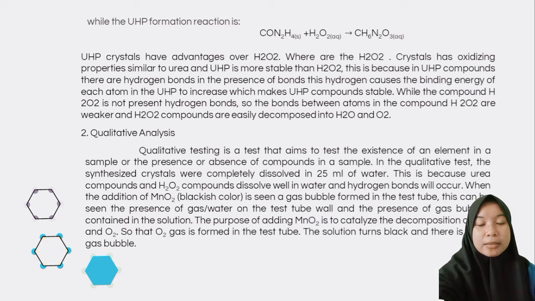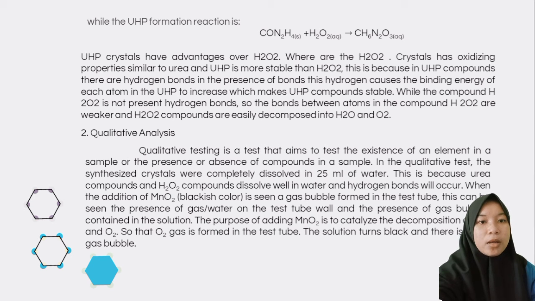And next, urea hydrogen peroxide crystals have advantages over hydrogen peroxide. Urea hydrogen peroxide has oxidizing properties similar to hydrogen peroxide, and urea hydrogen peroxide is more stable than hydrogen peroxide. This is because in urea hydrogen peroxide compounds there are hydrogen bonds, and the presence of these hydrogen bonds causes the binding energy of each atom in the urea hydrogen peroxide to increase, which makes the urea hydrogen peroxide compound stable.